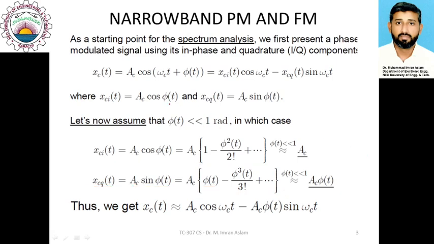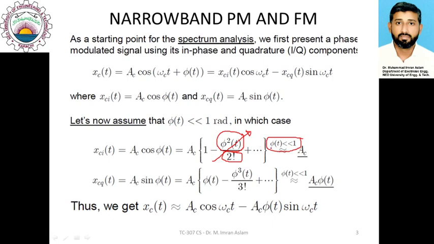It will go up to infinity. And taking our assumption of narrowband FM and PM signal, that is phi t is much smaller than 1, in that case phi square t will be even smaller, and if you divide it by 2 factorial you will get an even smaller term. So I can ignore this term.